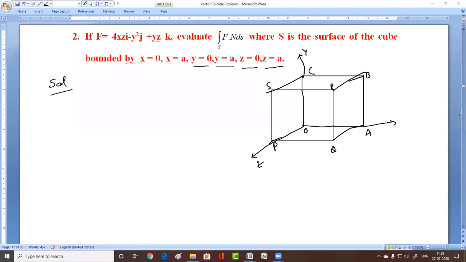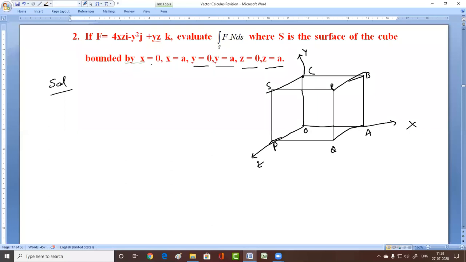Okay. Now, if you observe, this is x-axis. X equals 0.